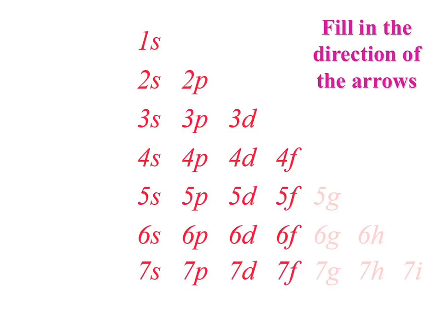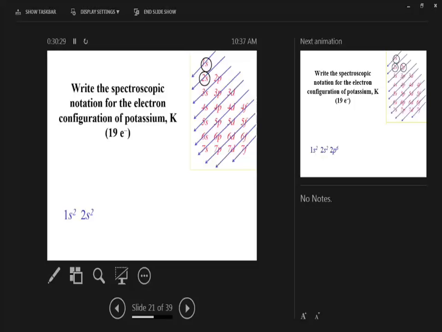They share, actually, the first kind of set of arrows. Okay? So what I've added now in black is, for that diagonal, what is the n plus l value?